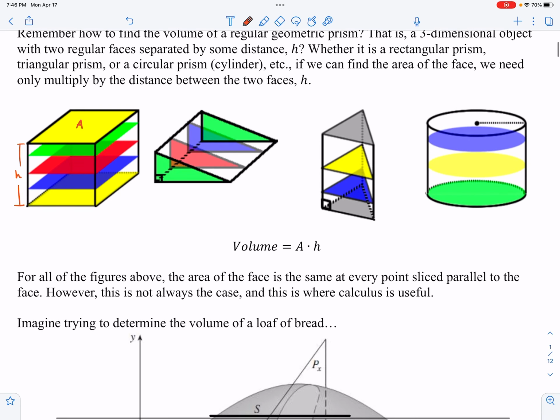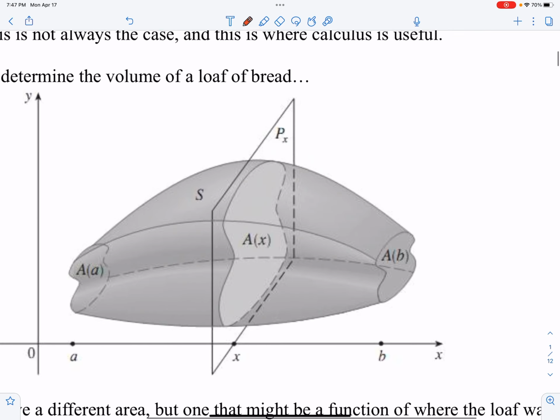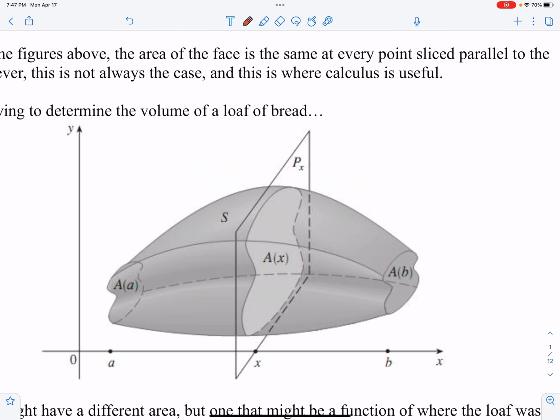Unfortunately, not everything you're trying to find the volume of is a really nice shape. What if we were trying to find the volume of a loaf of bread? One idea for finding or estimating the volume of a loaf of bread would be to cut it into a bunch of slices, because this is a really irregular shape.